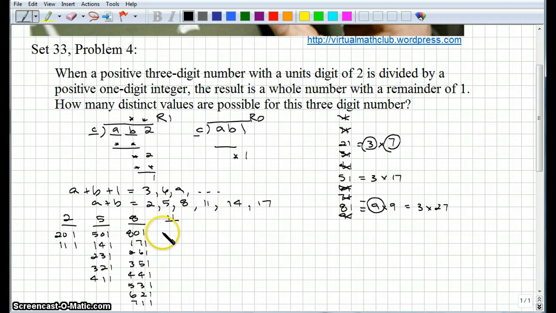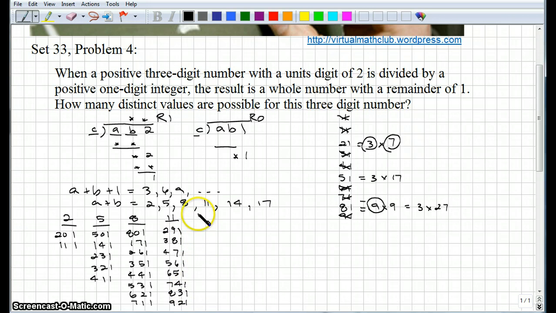We can have, let's see, the 291 would be the smallest we can get. And then 381, 471, we can have 561, we could have 651, we can have 741, 831, and 921. Okay, and that looks like it's it.